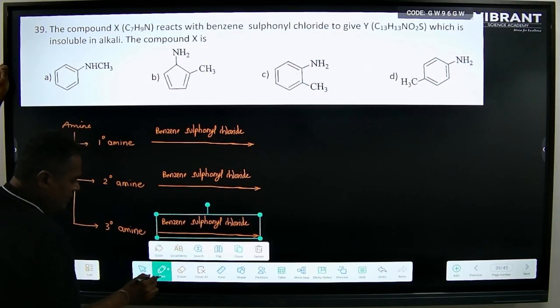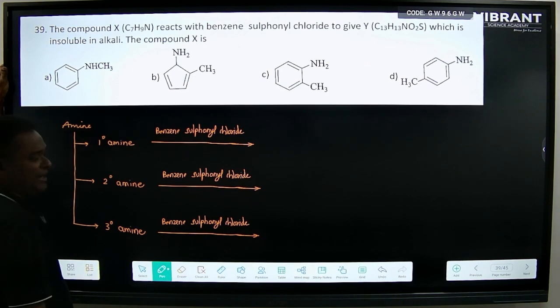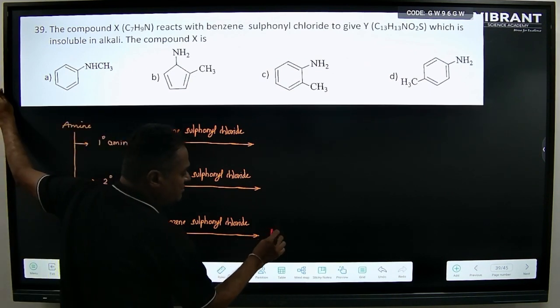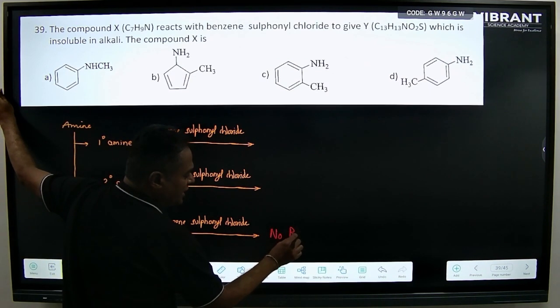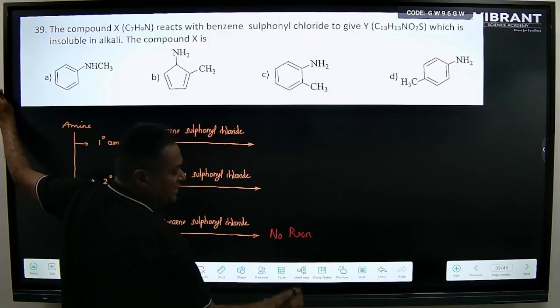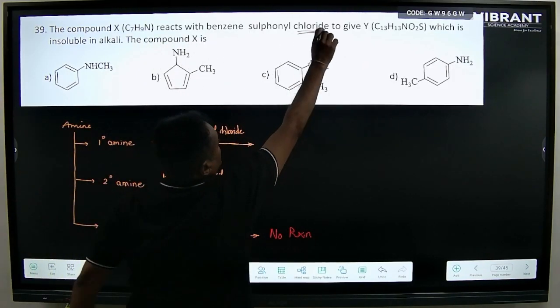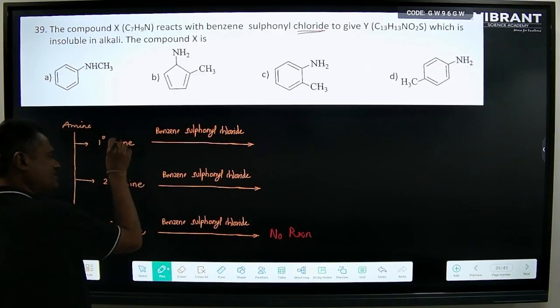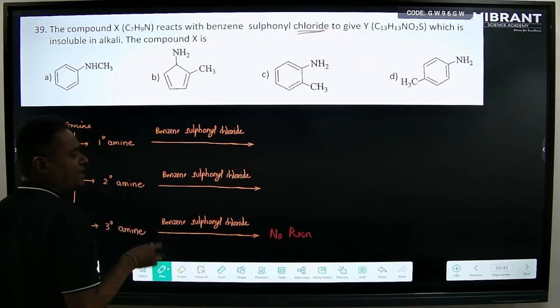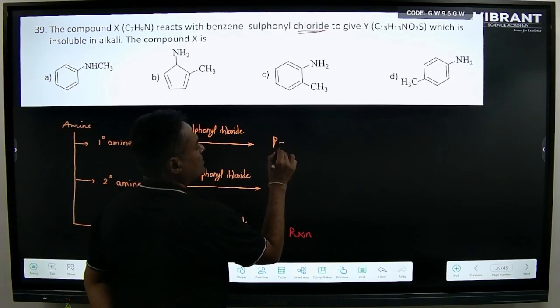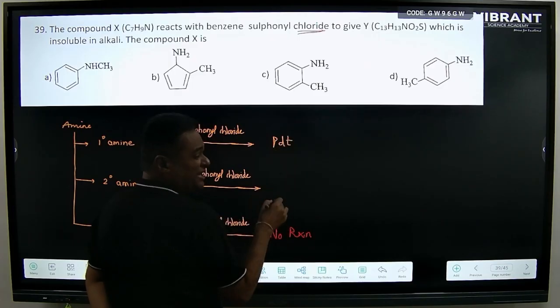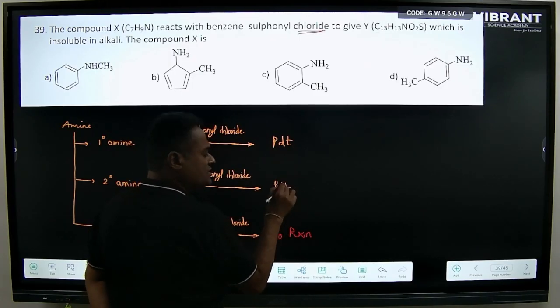Point number 1, tertiary amine will not react with benzene sulfonyl chloride, because it does not contain that active H which reacts with the Cl of this compound. Is it clear? Primary and secondary both will react to give you some product, a Hinsberg product of primary amine, a Hinsberg product of secondary amine.